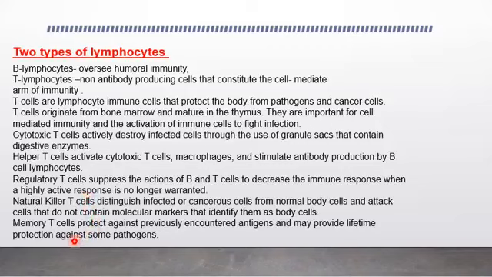Then we've got the regulatory T cells, which suppress the actions of the B cells and T cells to decrease the immune response when a highly active response is no longer needed or is dangerous.